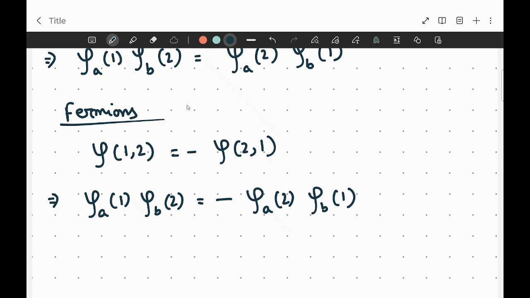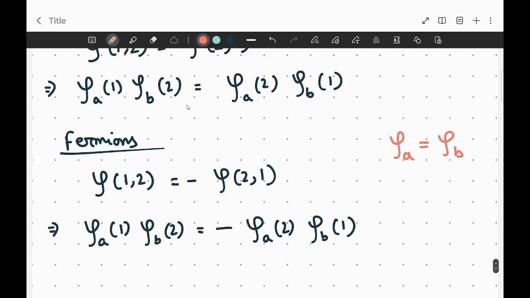Is this really antisymmetric? Psi A and psi B, these are A and B, indistinguishable particles, right? Yes, indistinguishable particles. So you can write psi A equals psi B. The wave function should not be changed. If it is a hydrogen atom, psi A and psi B should be the same, with the same position coordinates. So if you put it here, you will obtain this. This is correct, just incorporating that. So it is matching.